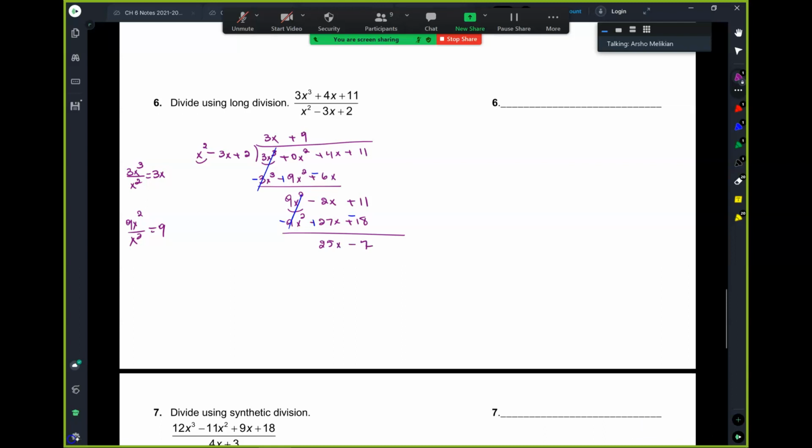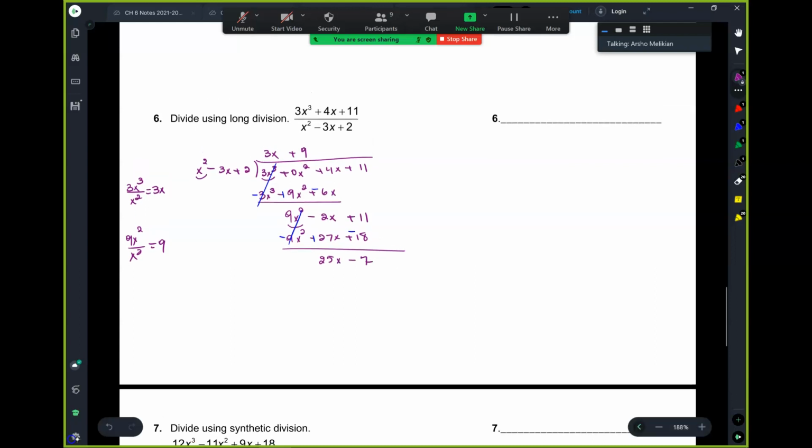So my quotient is 3x plus 9, plus the remainder over this. This is the remainder, and this is the divisor.